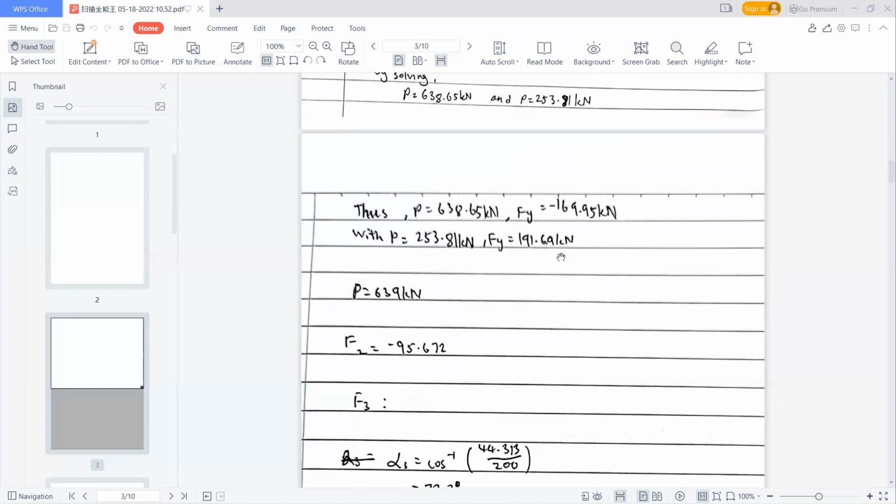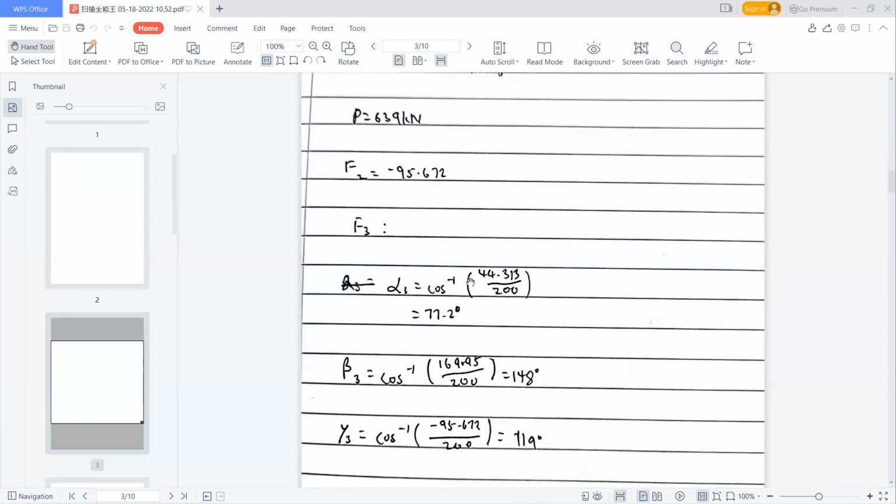With P equal to 253.81 kilonewton, the Fy will be 191.69 kilonewton. So why do we use P equal to 639 kilonewton? Because the y-axis is below the 0 degree, so it is in the negative direction. So we use P equal to 639 kilonewton.